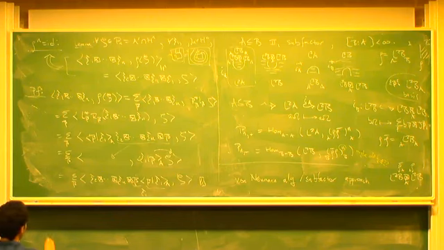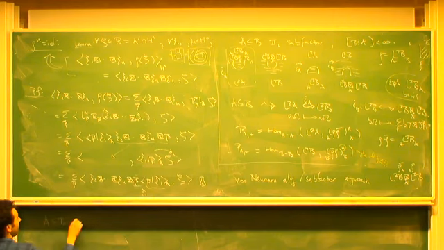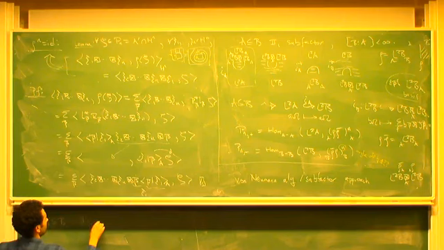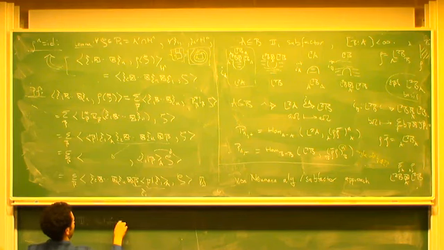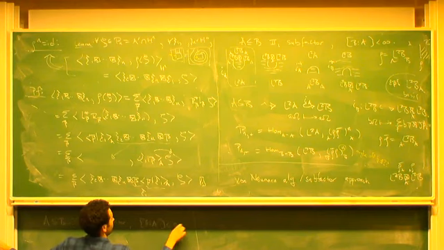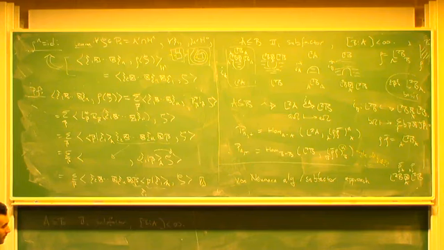There's another way to build it. So we start with this finite index subfactor. And as we said before, we get this inclusion.